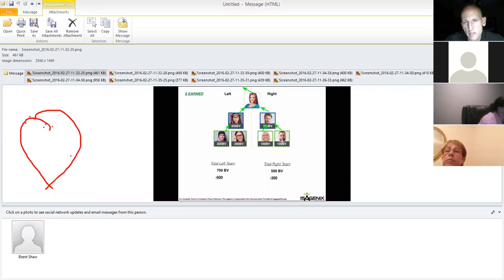So let's say that this guy right here was enrolled by her. That's why his arrow is pointing up into her. So that's the direction that arrow is always pointing, and it's also pointing toward what would be considered upline support, right?